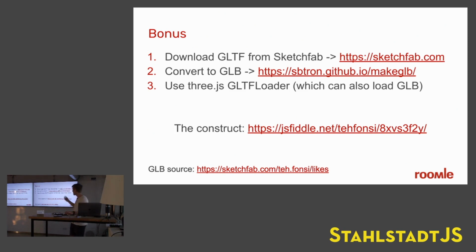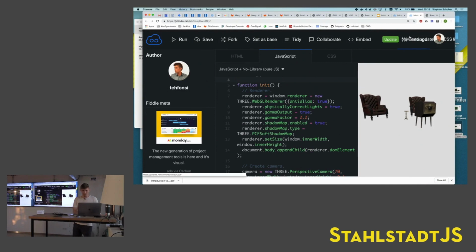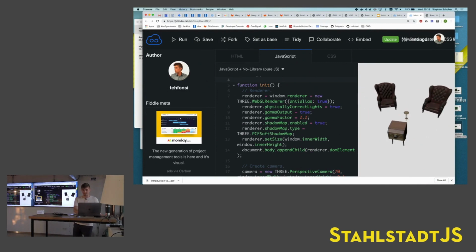And then what I did is I just used the Three.js GLTF loader to load those GLBs. And by the way, you can see all the sources I used under this URL. And then we have this 3D scene where I downloaded the models for the 2 chairs and the table and the TV.